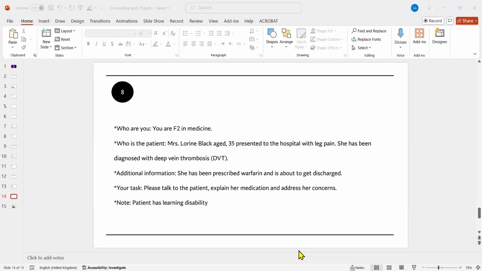In management, you should have talked about alcohol. Alcohol can affect the effect of warfarin. It's advisable not to drink alcohol while you're taking warfarin. In management, you should tell me what the dose to start with is in warfarin and for how long, and what else?